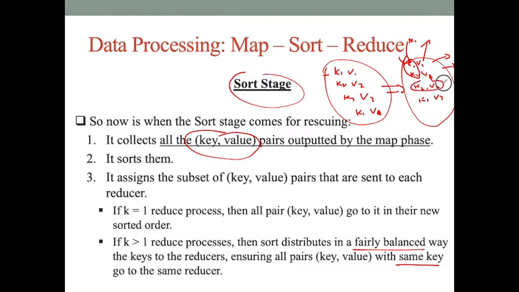This one could be going to reducer 2, and this one could be going to reducer 3, because they will be going to different reducers. But the important part here is that if these two have the same key, they will go to the same reducer. That's really important because otherwise it would be impossible to aggregate the information of the same keys. So we have to take that into account.